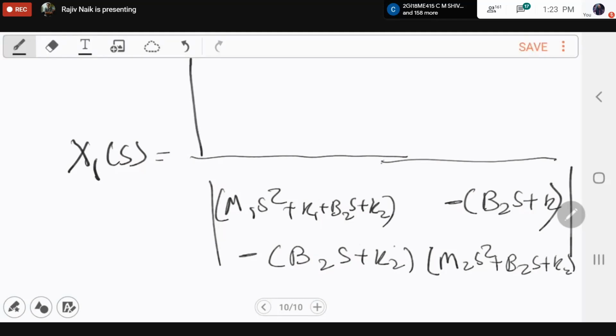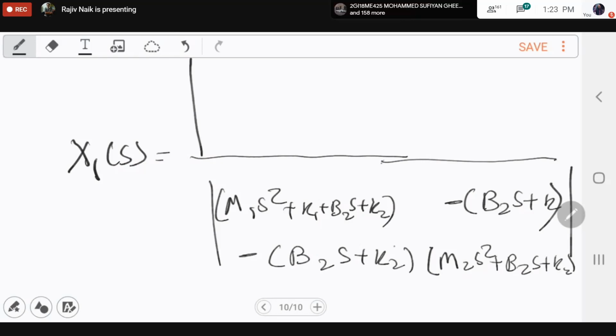Now you have to write the numerator determinant. Numerator determinant, see, we are finding out x1 means, so the first column is gone. That is coefficient of x1 you have to remove. So only you have to write the coefficient of second variable, that is x2, and right hand side of the equation.